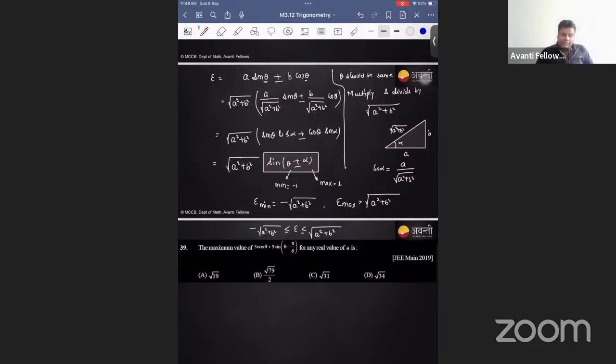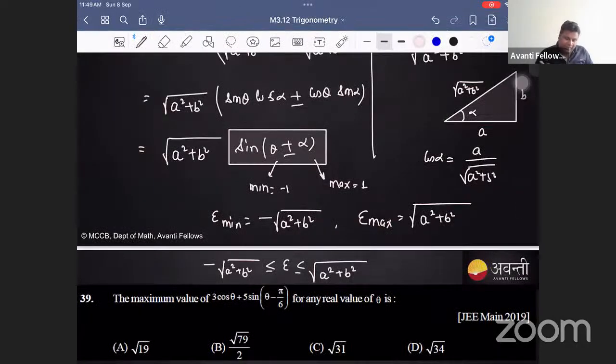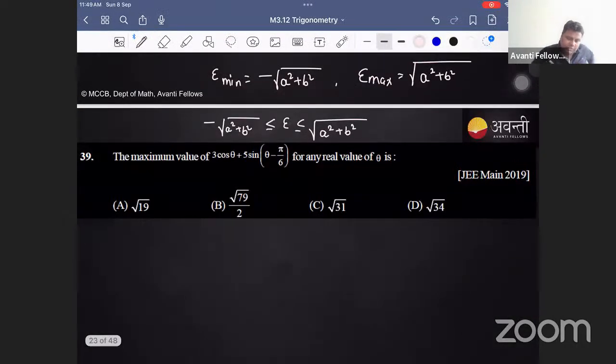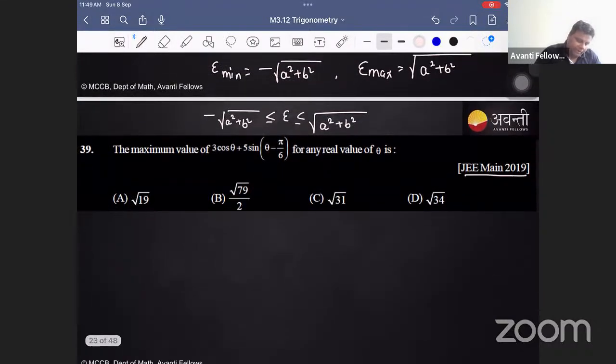Got it? Now see how this 39th question, which was in JEE Mains 2019, is like this question and how it is different from this question. If you realize, it is of almost the same format, but this angle theta and this angle theta are not the same. Getting my point?